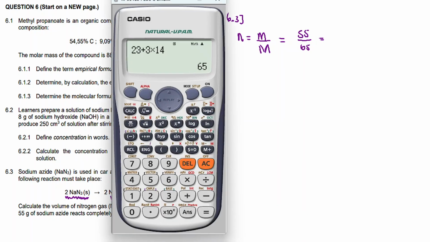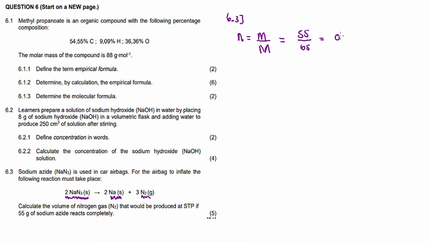So the first thing you do is get 55 over 65, which is 0.85 moles of sodium azide.